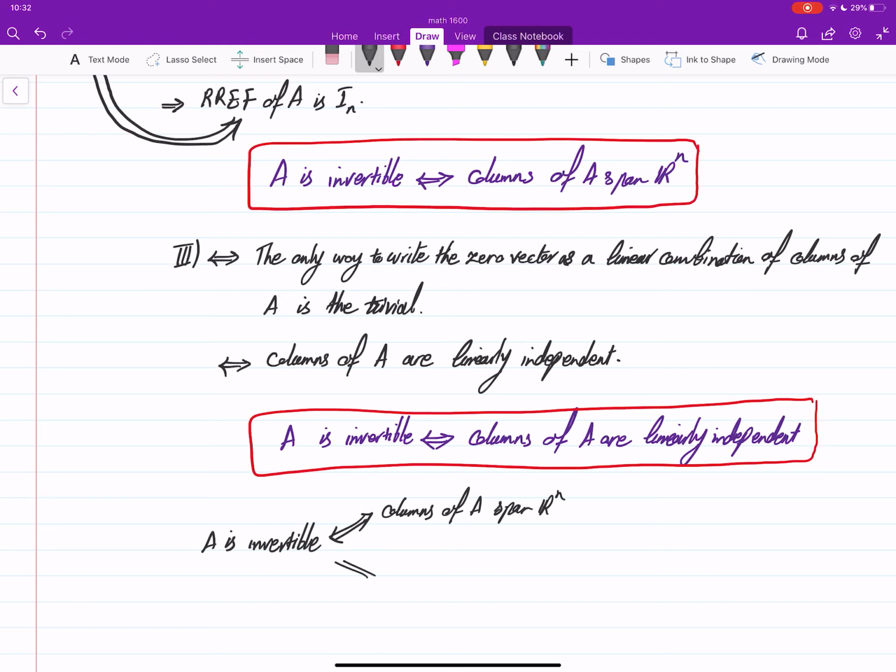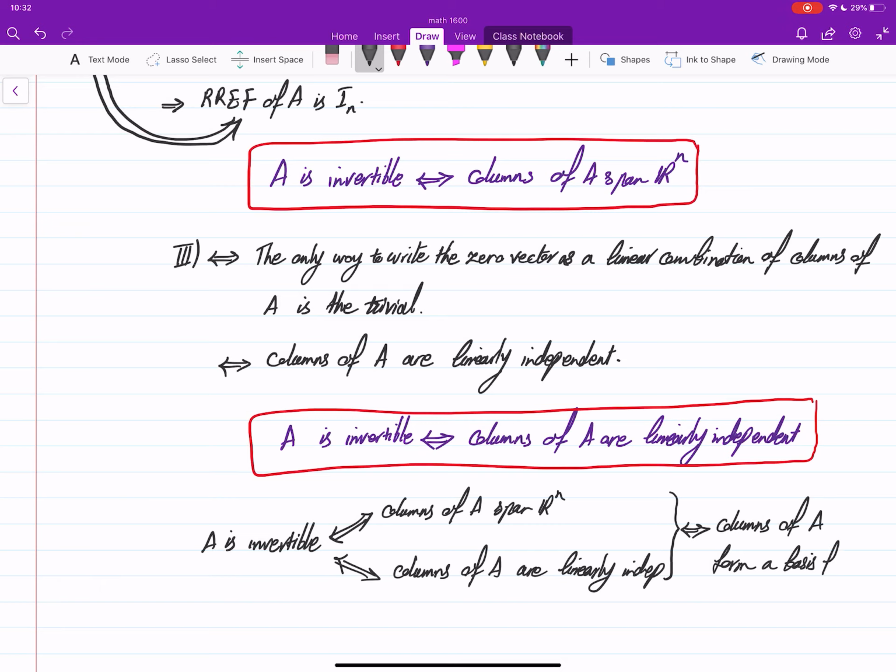On the other hand, it is equivalent to saying that the columns of A are linearly independent. If a set of vectors has these two properties, we have a name for that. The columns of A form a basis. This is the definition of basis. Yes, they're linearly independent and they span Rn.